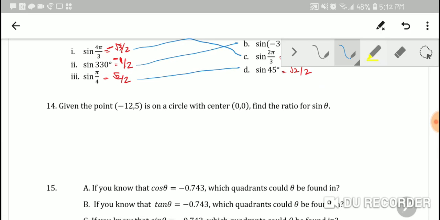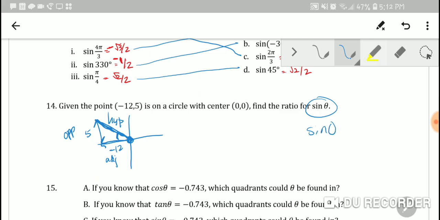All right, for the next problem, we are going to want to draw our x and y axis with 0, 0 here, and it says go 12 in the negative direction and 5 up from the point. So here's our triangle and our angle. This is the opposite, this is the adjacent, and here's the hypotenuse. Our goal is to write a ratio for sine. We know sine is our opposite over our hypotenuse ratio.